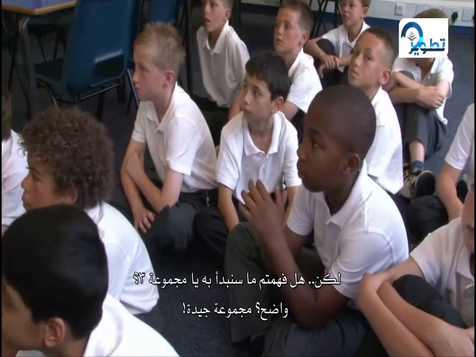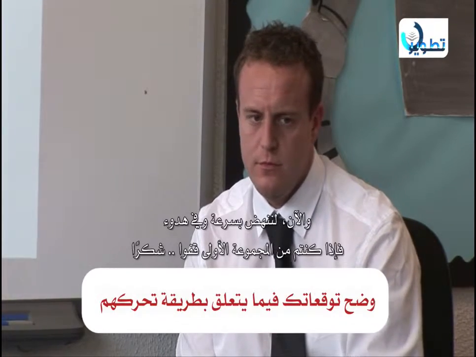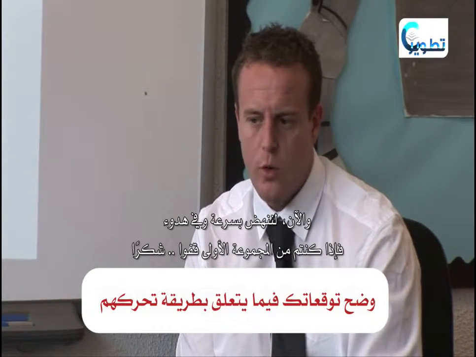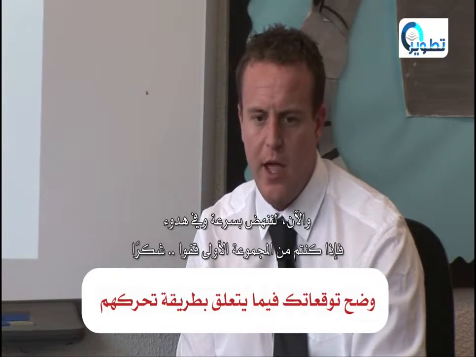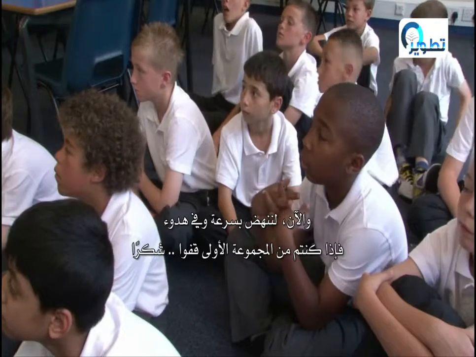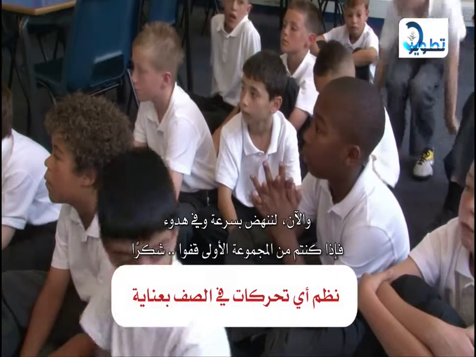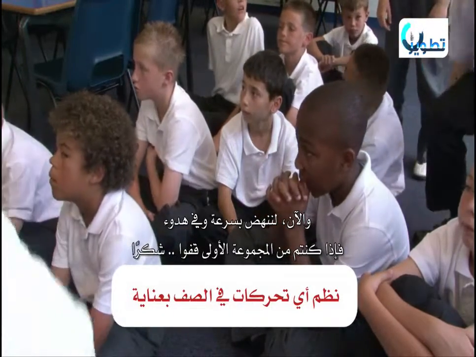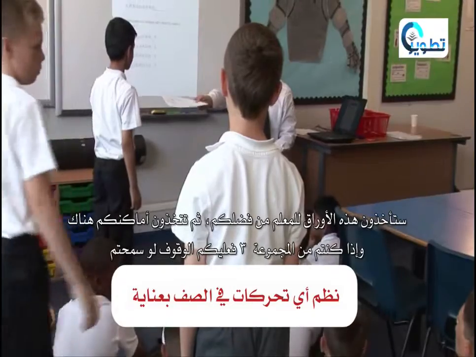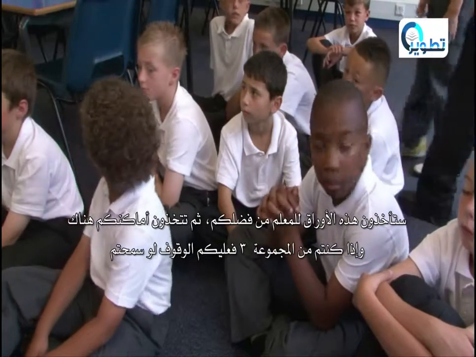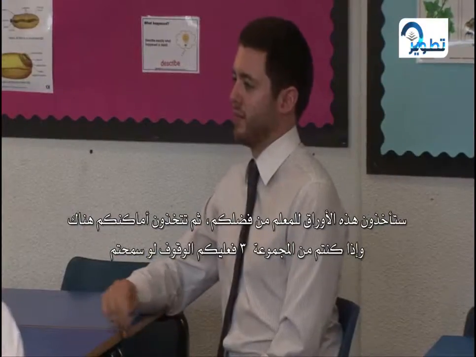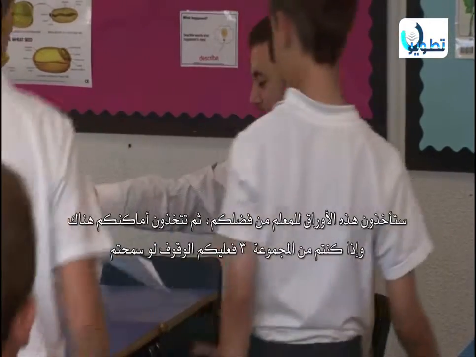Okay, good stuff. Right, now, what we need to do quickly, quietly and sensibly, if you are in group 1, can you stand up for me? Cool. Can you take those over to Mr. Hare as well, please? And can you go and take a seat with Mr. Hare, and Mr. Hare will tell you what's happening. If you are in group 3, can you stand up, please?